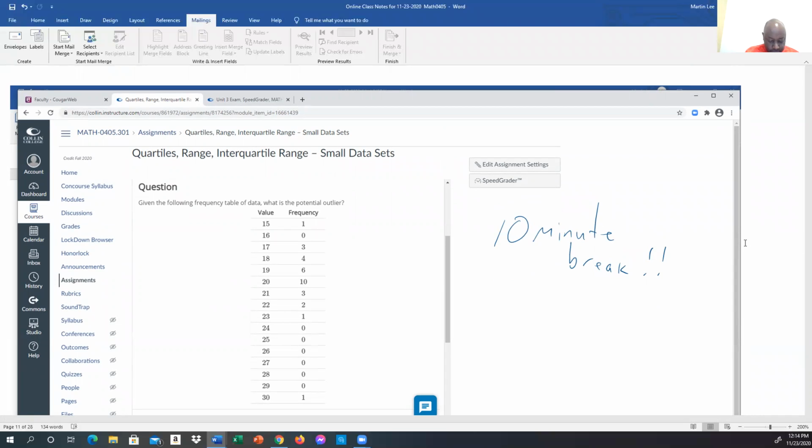Here equals 1. Then it's the frequency. So 1 plus... the sum of the frequency is 31.